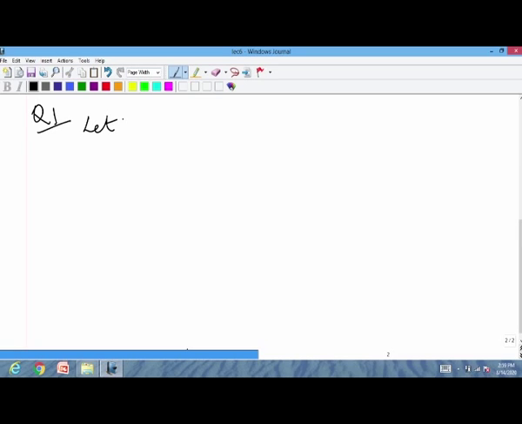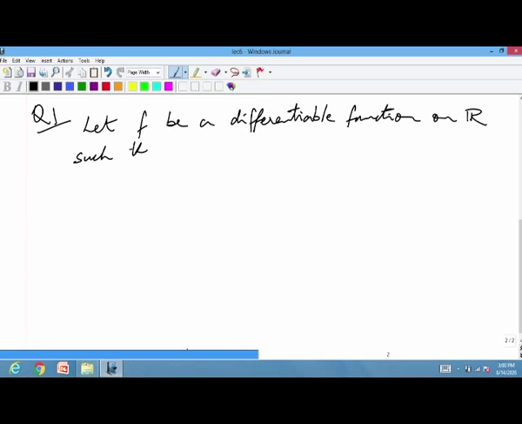Let f be a differentiable function on R such that f of 1 equal to 1.